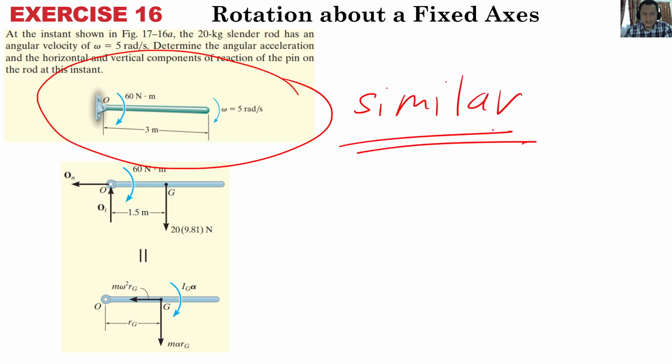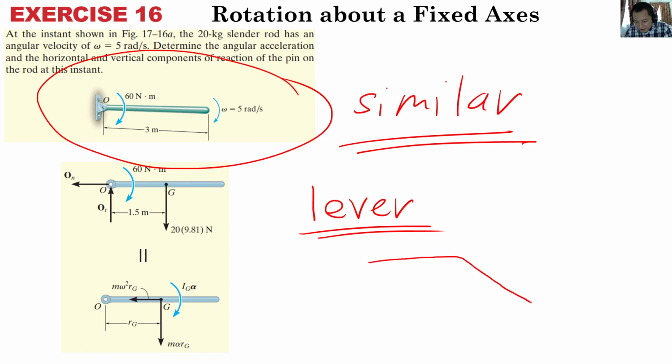Robotic arms. What else? Some sort of lever that you want to automate. Maybe you've got your car. Okay, bad drawing. This is your MPV.